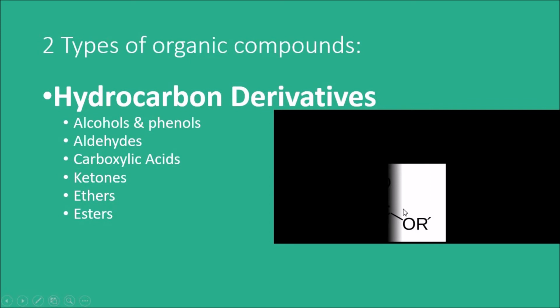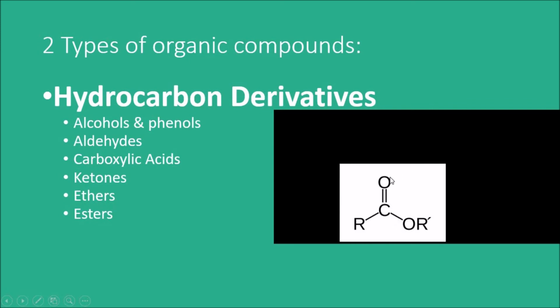Then we also have ethers, which are two aryl or alkyl groups bonded to an oxygen atom. And we have esters, which are like the plural of ethers, having multiple oxygen. But remember carboxylic acids, instead of having oxygen bonded to hydrogen here, it is bonded now to a completely different alkyl or aryl group.